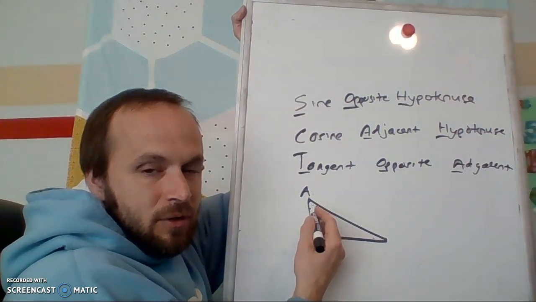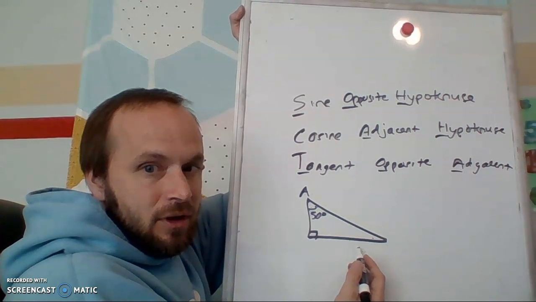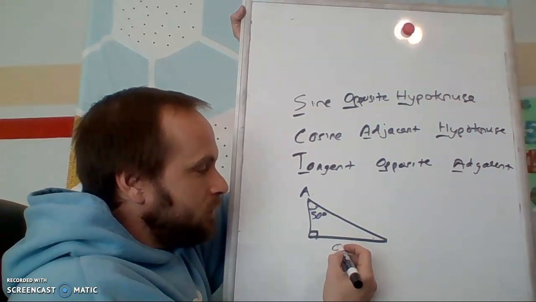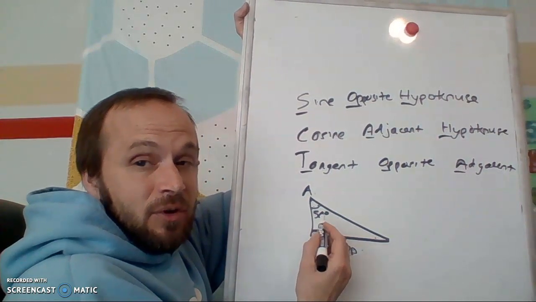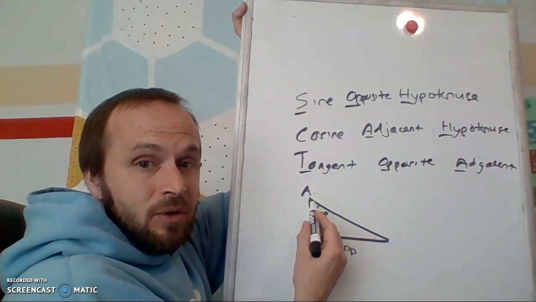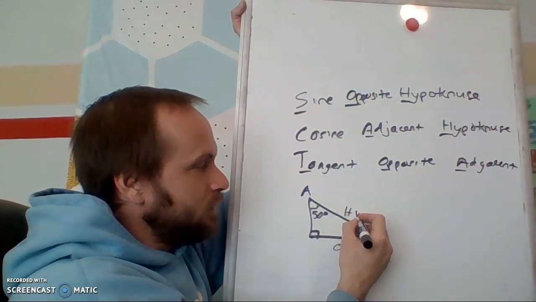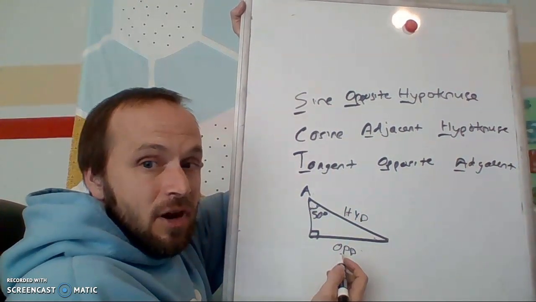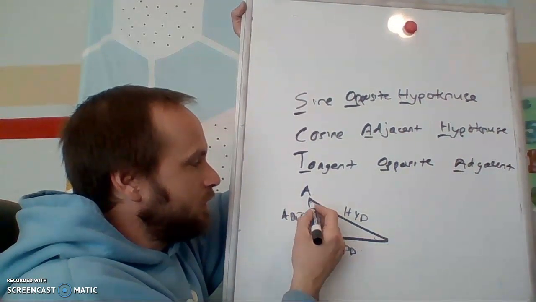If I'm looking from angle A, the opposite side is this one, which isn't even touching this angle. The hypotenuse is always the long side, so that's easy. If this is the opposite, then this has to be the adjacent, because it's touching the angle.